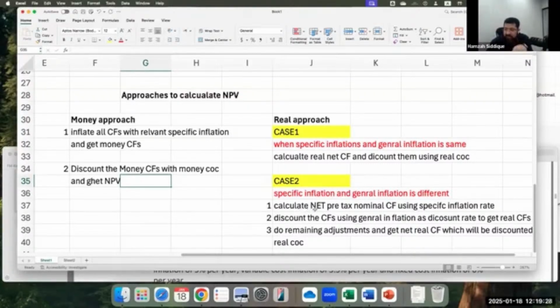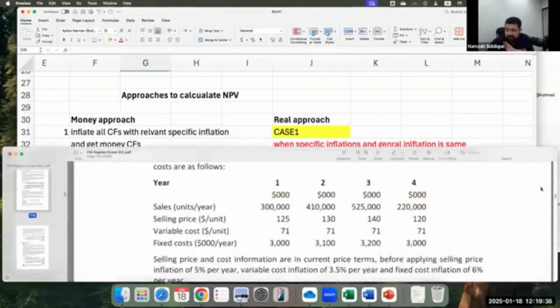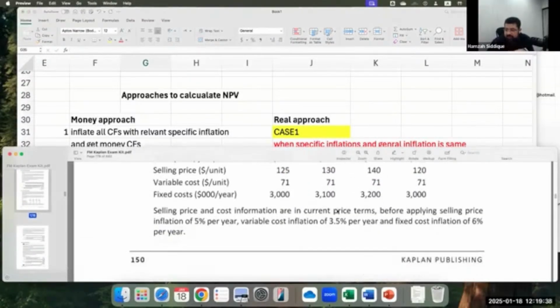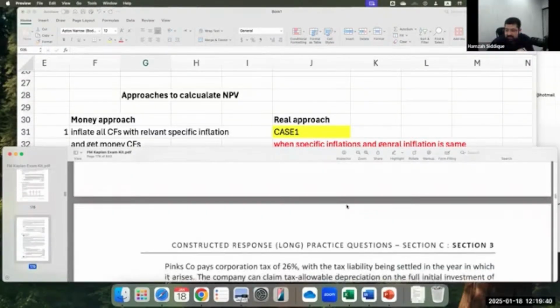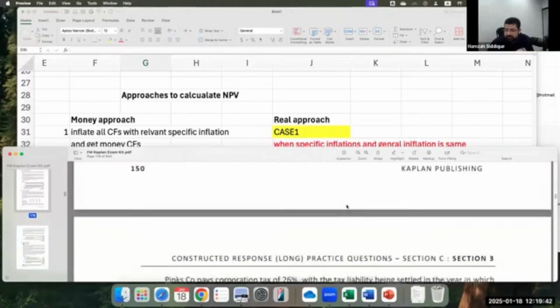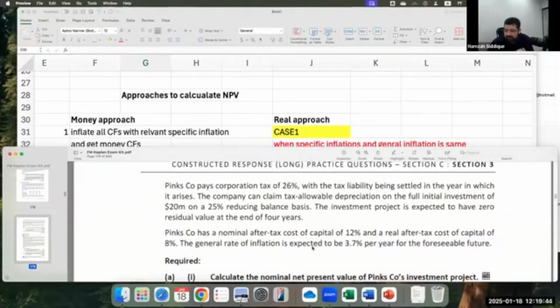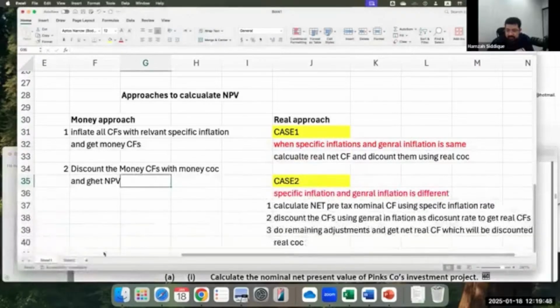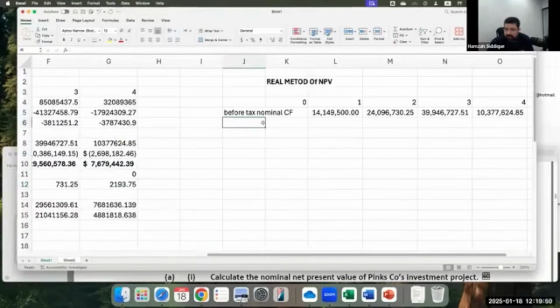Real method: calculate net pre-tax nominal cash flows, already calculated. Now discount them with general inflation. The general inflation rate is given here.